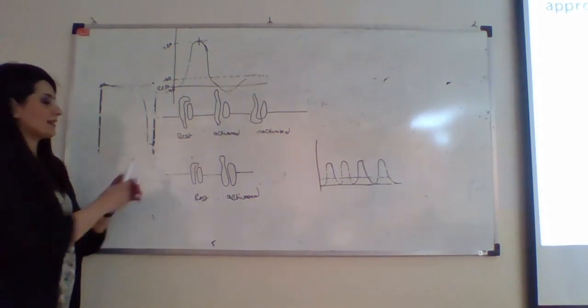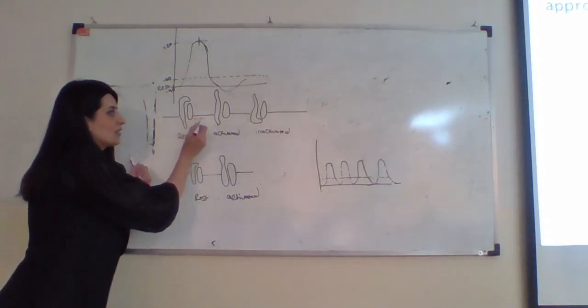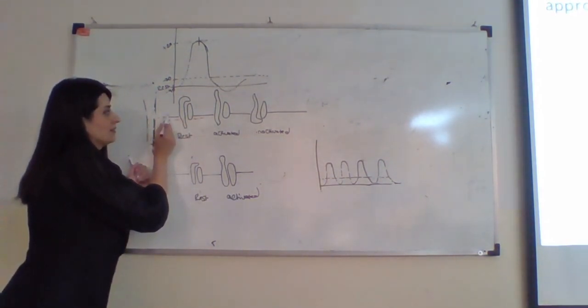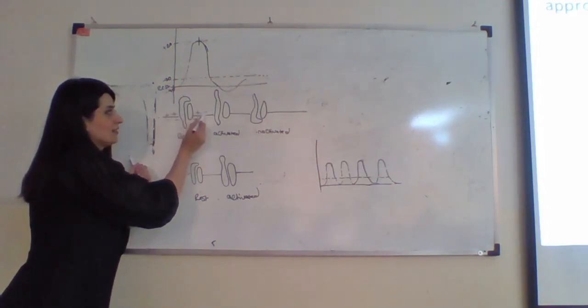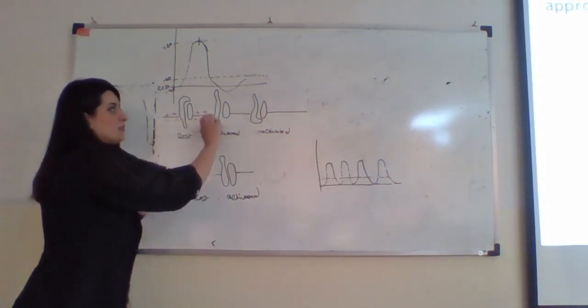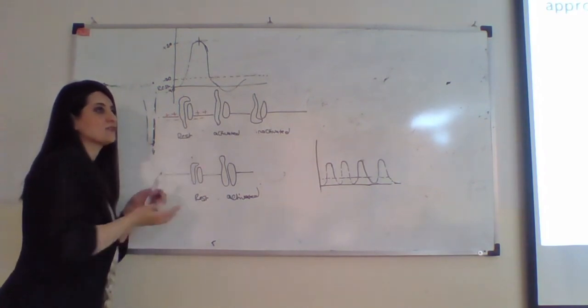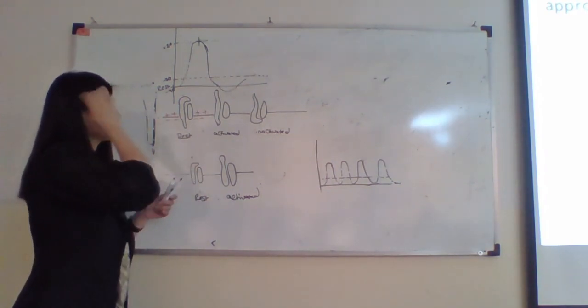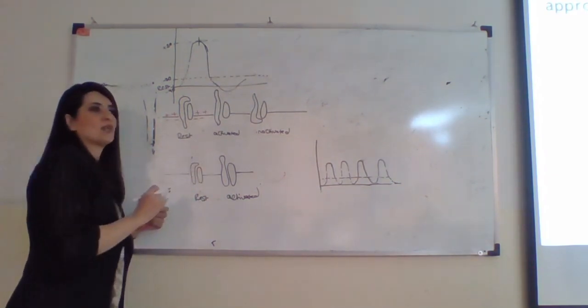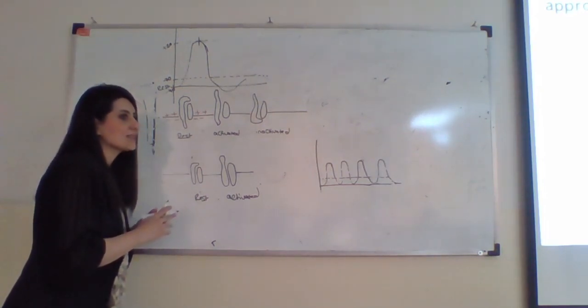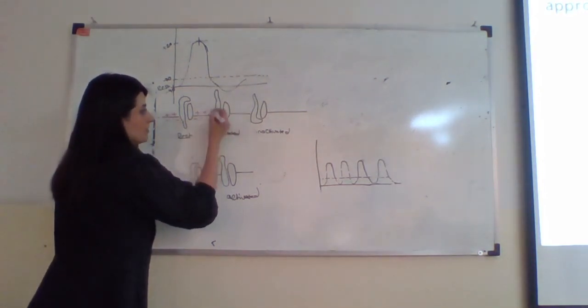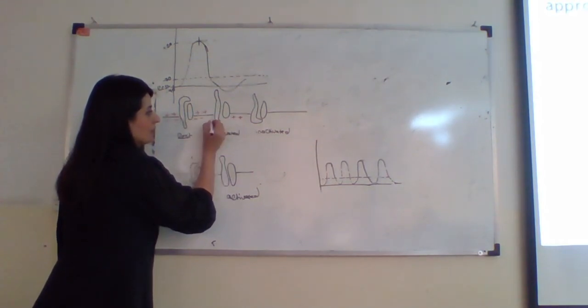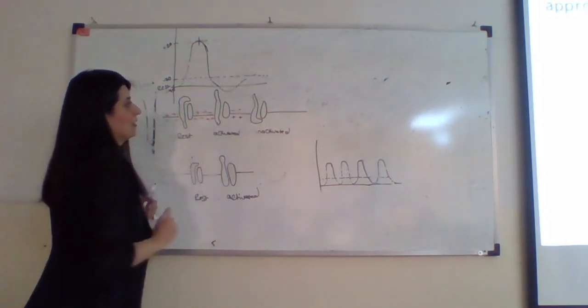As we said, during rest, the inner membrane polarity is negative, and the outside positive. The polarity will become reversed during action potential, yes? The stimulus, any type of stimulus, once it comes, reverses the polarity. This will become positive, this will become negative.